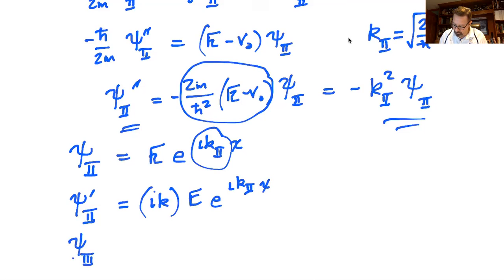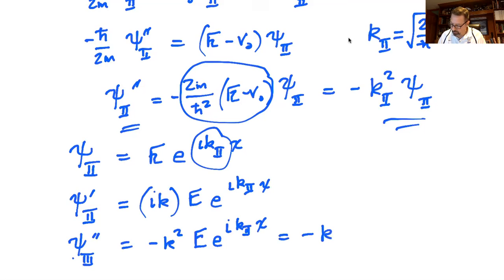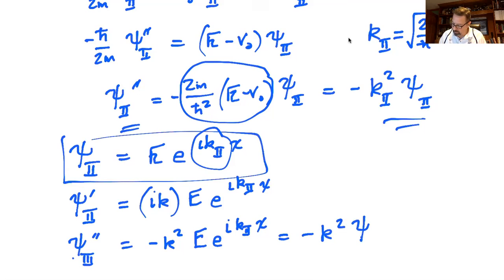And then, of course, the next derivative, the second derivative, well, that would just bring down another ik. So that makes it minus k squared, e, the constant, times e to the ik2x, which if you look is just minus k squared times my guess. So I've done it, right?